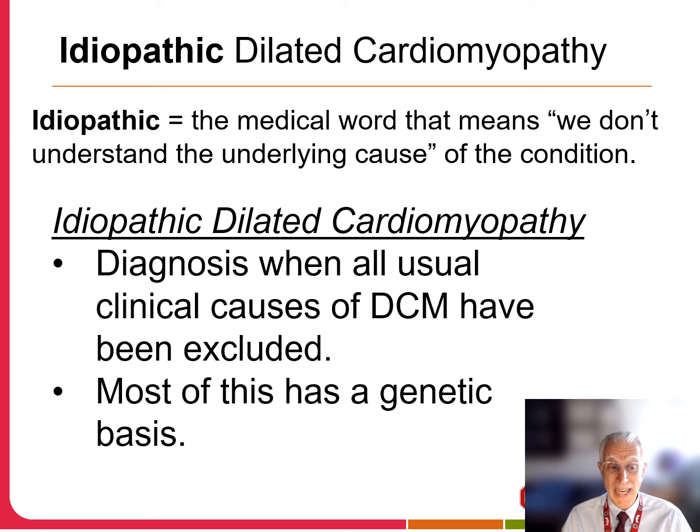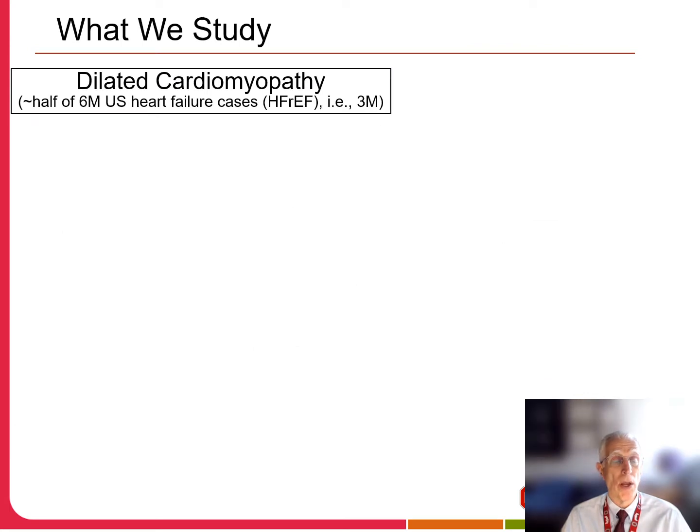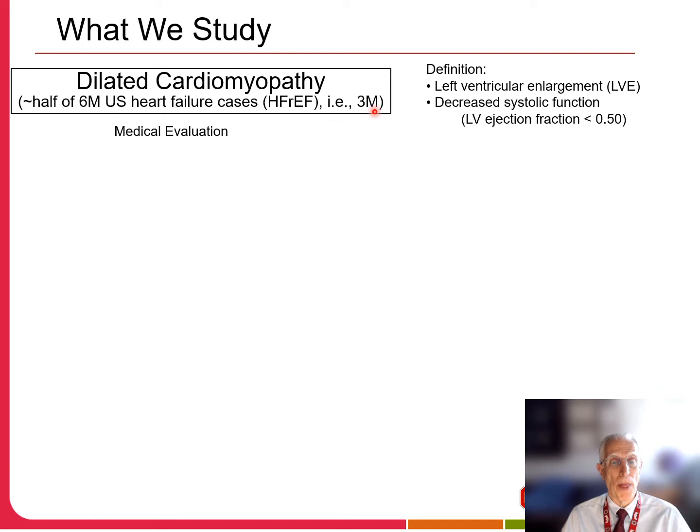And most of idiopathic, cause unknown, or what historically has been cause unknown, most of that has a genetic basis. Now, what we study is dilated cardiomyopathy. About half of the heart failure population in the U.S. of reduced ejection fraction is about 3 million people. And we, of course, do a medical evaluation.